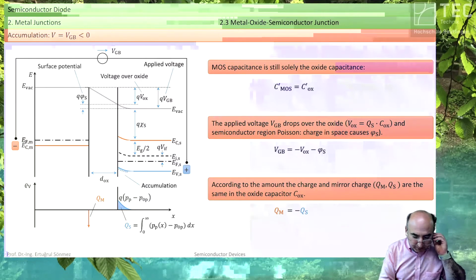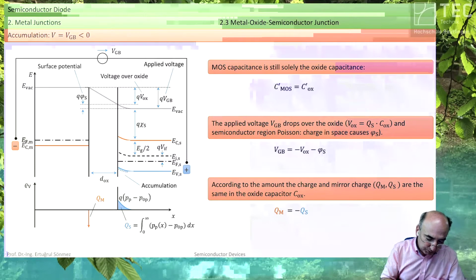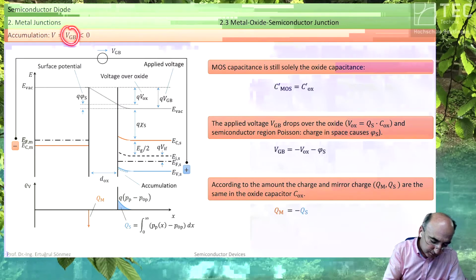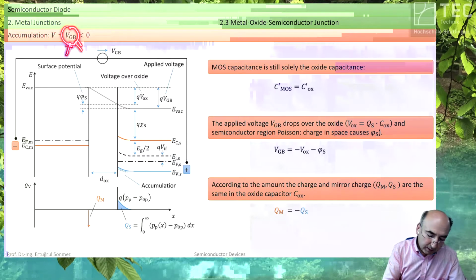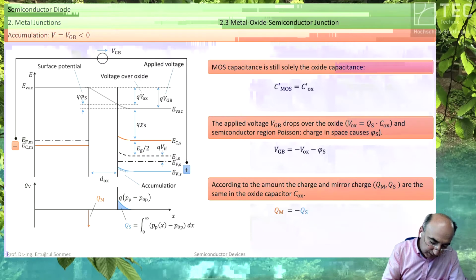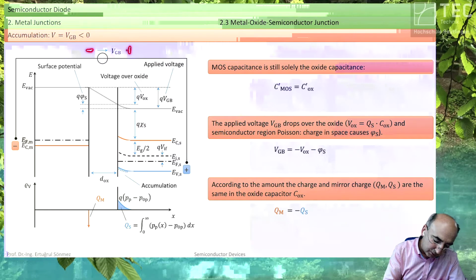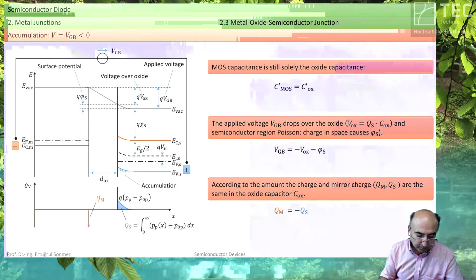So if you apply a voltage between gate and bulk negatively, so the gate-bulk voltage is smaller than zero, that means the left side is minus, the right side is plus. Exactly. Then we are in the so-called accumulation mode.